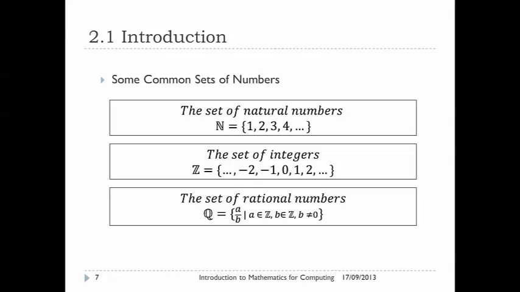So the set of integers is closed under the operations of addition and subtraction, and also multiplication. So multiplying any 2 integers will always result in another integer. So minus 1 multiplied by 2 is minus 2, and minus 2 is an integer also.